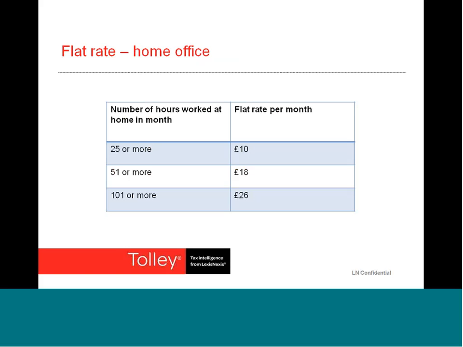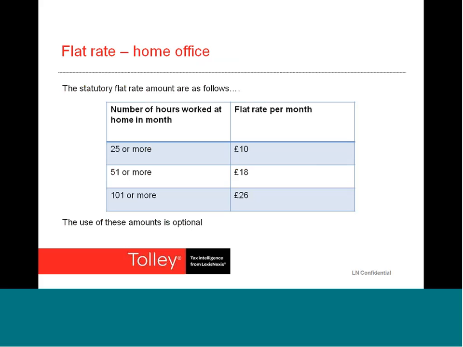The second flat rate scheme is to do with using somewhere, a part of your home, as a home office. And the amount of deduction you get depends on the number of hours you work in your home in the month. So 25 hours or more, I can have £10 per month. 51 hours or more, £18 per month. 101 hours or more, £26 per month.